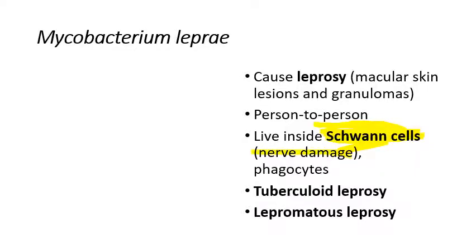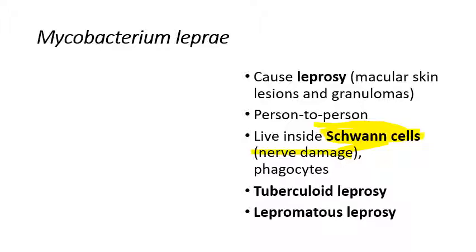One of the symptoms of leprosy, in addition to the scarring from the lesions and granulomas, is that you start to lose sensation in your fingers, toes and hands, and so lepers sadly many times injure themselves. You touch a hot stove by accident, or something that would normally hurt somebody, but you don't have as much sensation in your hands or feet, so you can do damage to yourself that way.